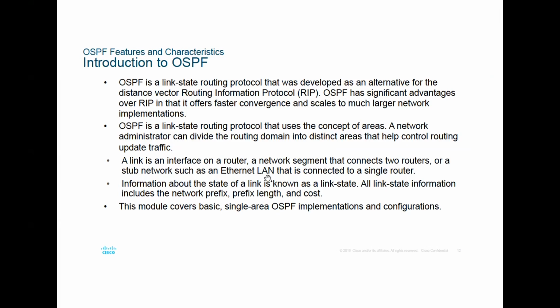Information about the state of a link is known as a link state. All link state information includes the network prefix, length, and also cost. This module covers the basics of single area OSPF implementation and configuration.